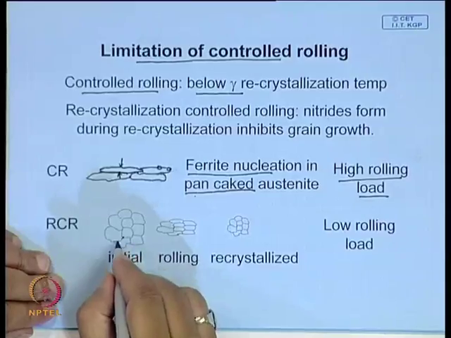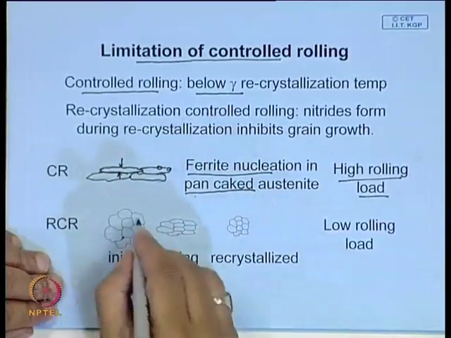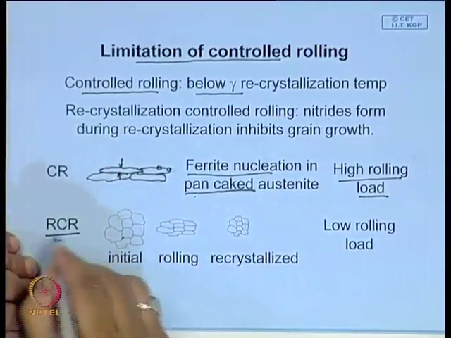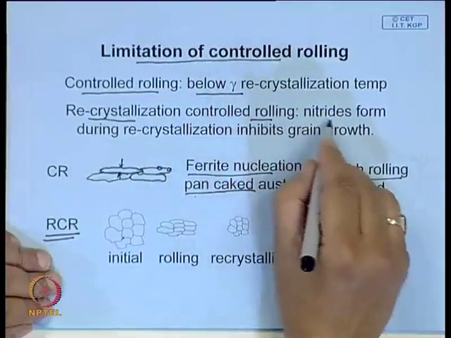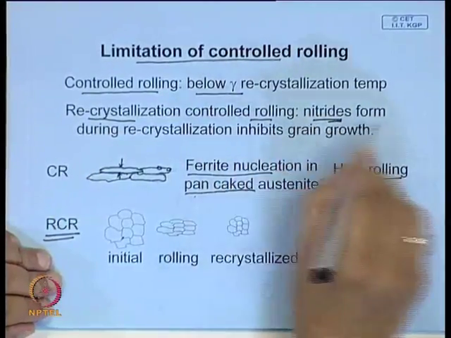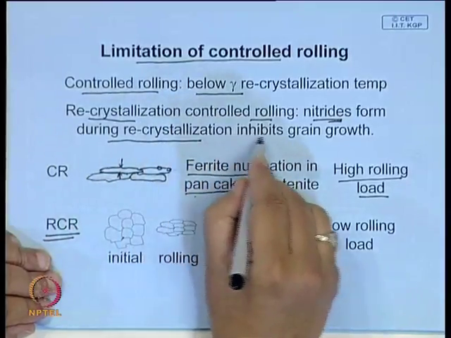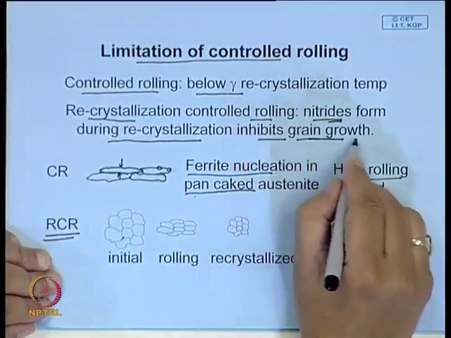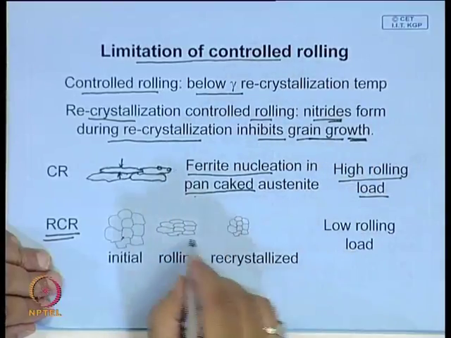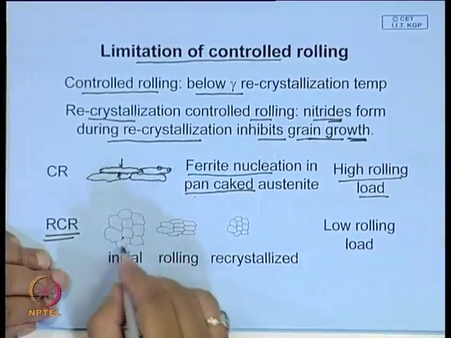It is also possible to use recrystallization controlled rolling, where you allow nitrides to form during recrystallization and inhibit the newly recrystallized grains, so they do not grow.